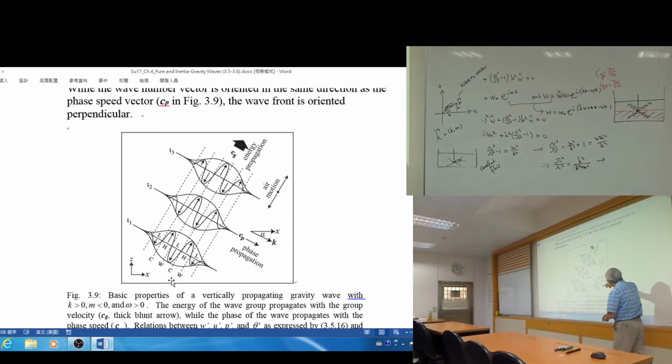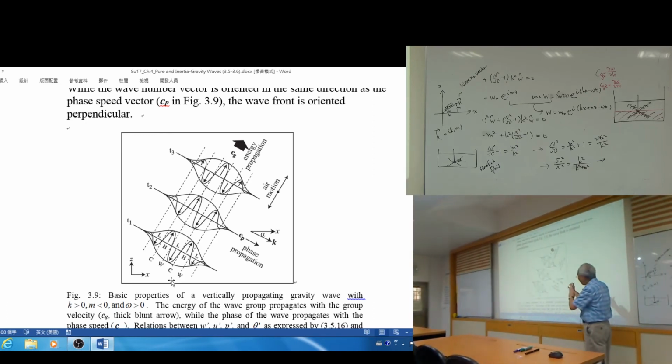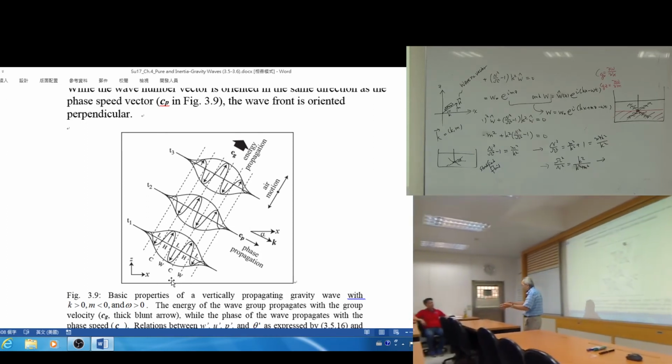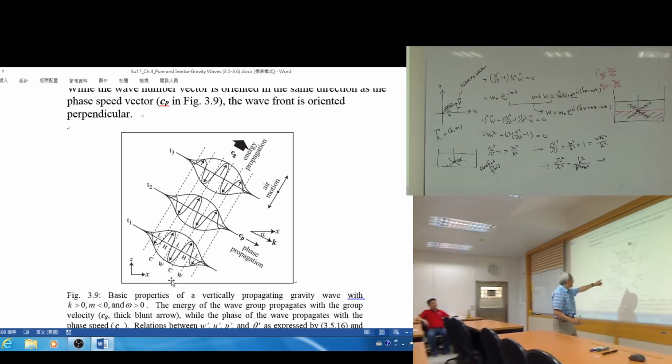Gravity waves are a little bit hard to understand because they have a very complicated situation, unlike a sound wave. With sound waves, you compress and expand, and they just go in the same direction. But here you oscillate in this direction, and the wave can propagate vertically, perpendicular to it. So you have this.